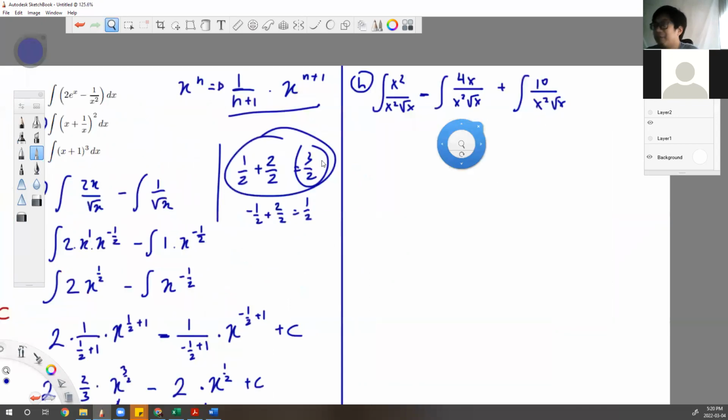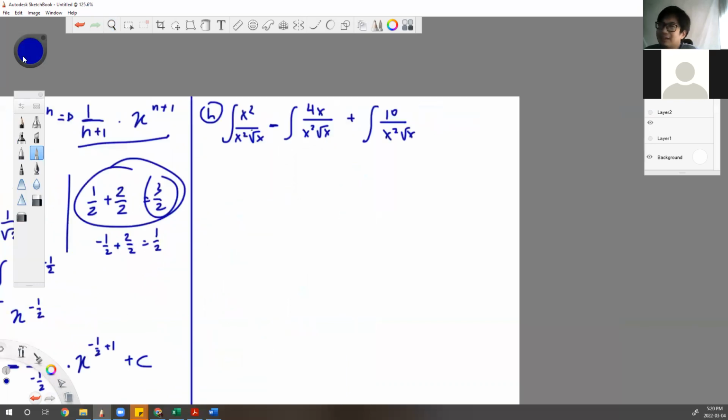So before you do the integration, you need to simplify. You get 1 over square root x. The only one, so there you go, 4 over x square root x. On the 10, you cannot do anything, so just write it like that.